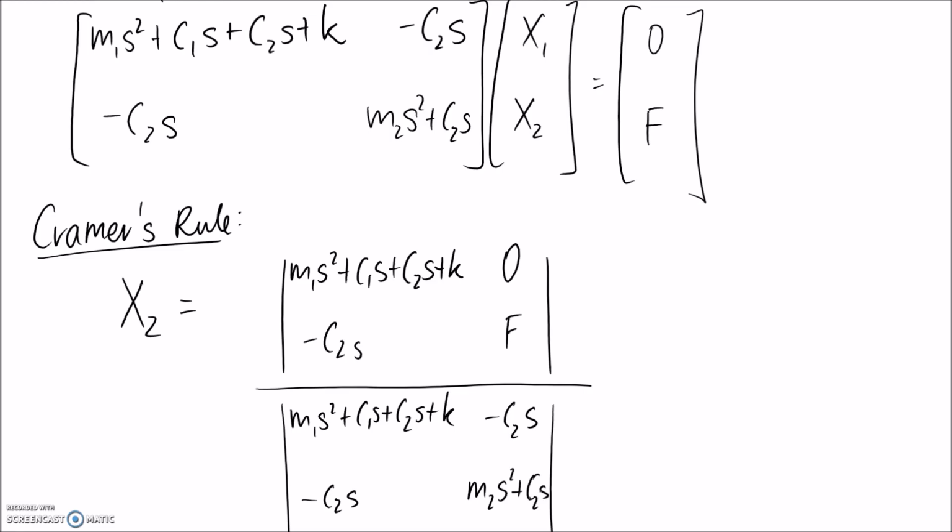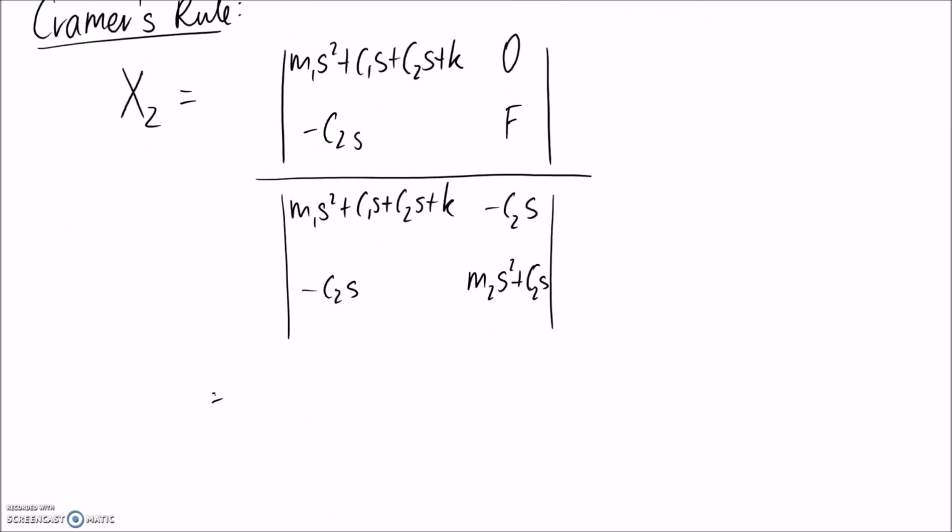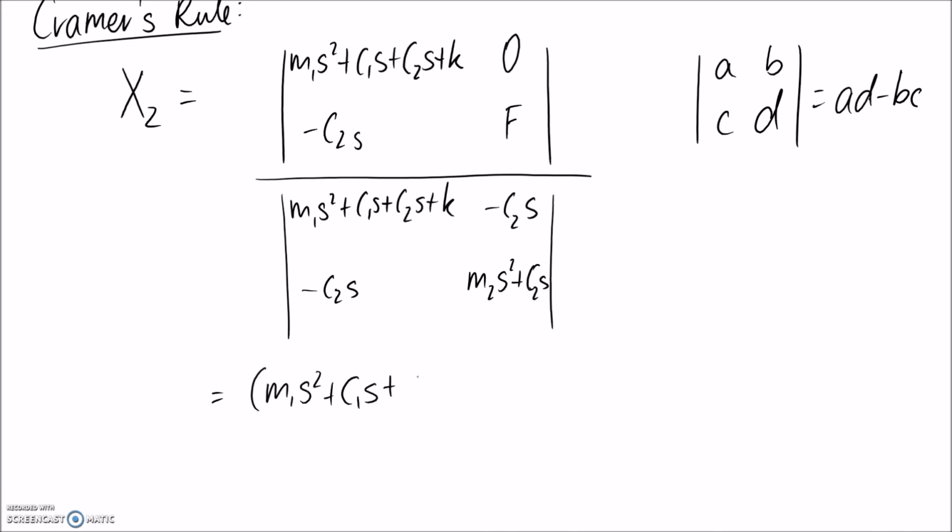Alright, so now we just need to go through and solve the two determinants. So for a 2 by 2 matrix, the determinant is AD minus BC. Okay, so these two get multiplied together. Minus these two, 0 times this is 0, so I'll just leave it off.